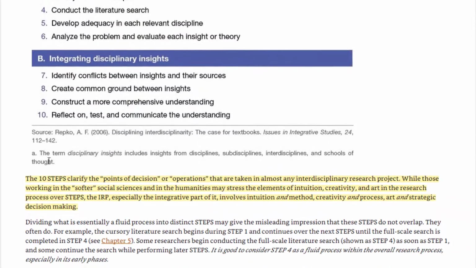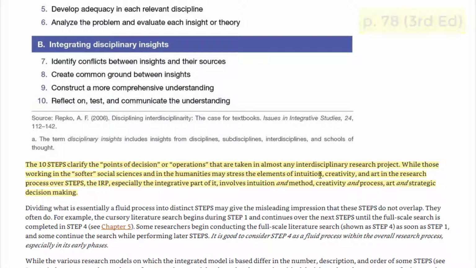Now, the paragraph I have highlighted here: the 10 steps clarify the points of decision or the operations, again, that's my framework, that are taken in any interdisciplinary research project. And it says, while those working in the softer social sciences and in the humanities may stress elements like intuition, creativity, and art, there are other parts of it.